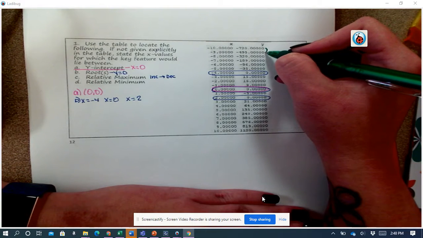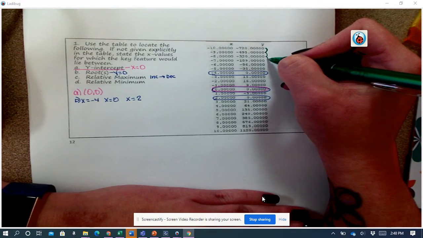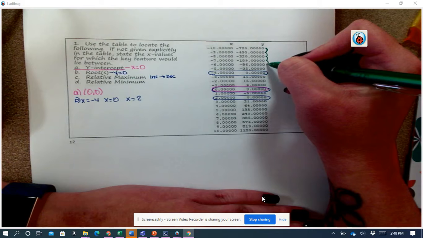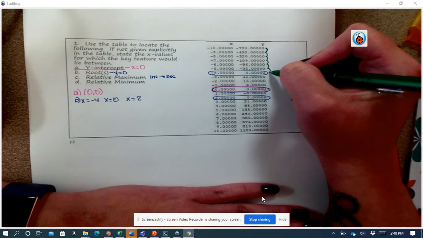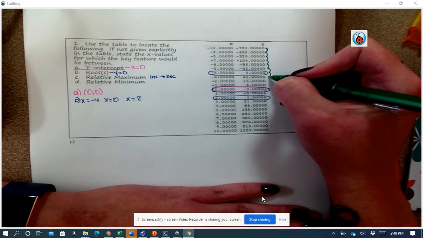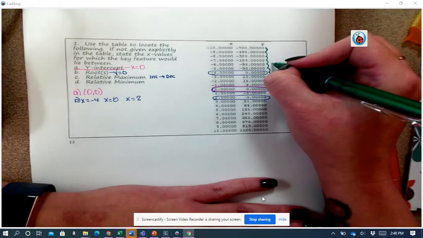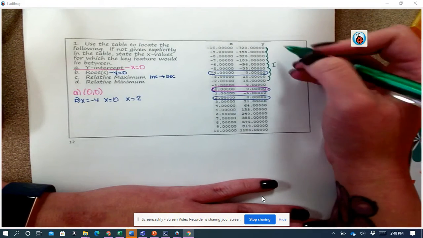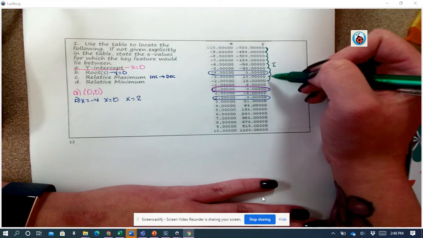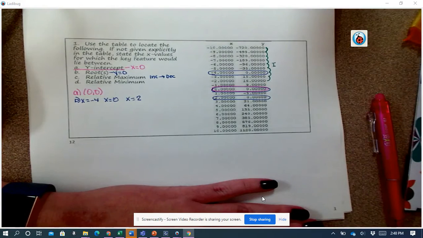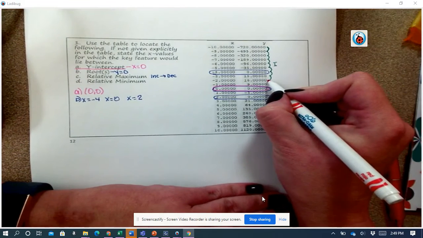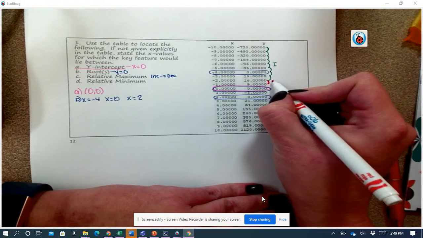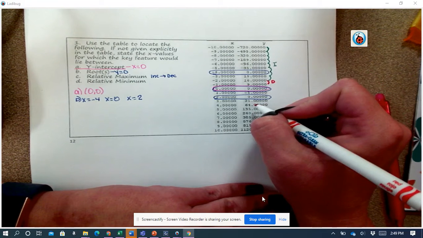This is increasing, increasing, increasing, increasing, increasing, increasing. Still increasing, increasing. So all of these are increasing because the numbers are getting bigger. But then right here, between 16 and 9, that's a decrease.